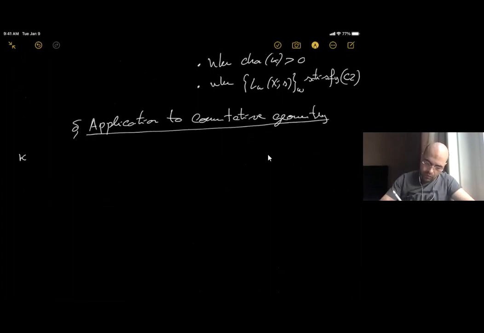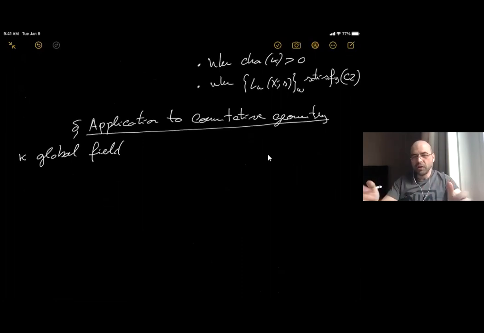Of course, we are over a global field. Since we know that in the case of positive characteristic the conjecture was proven by Deligne and Grothendieck, let's restrict ourselves to the case of characteristic 0.